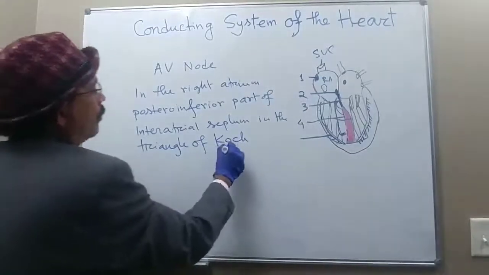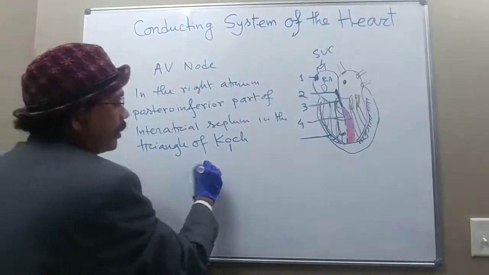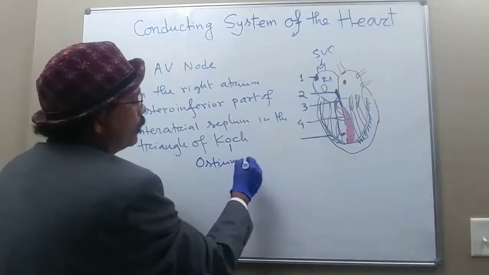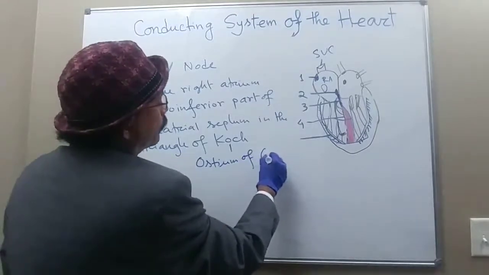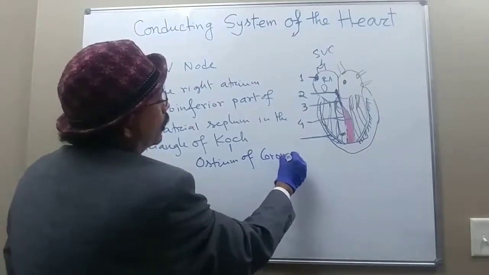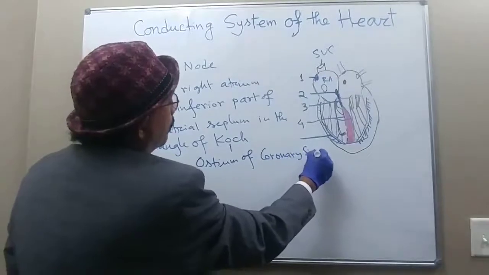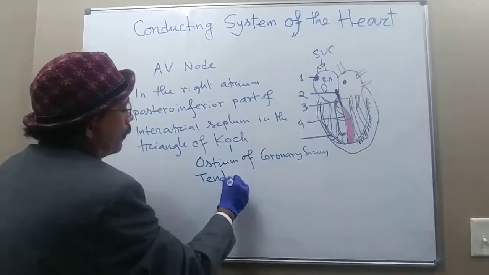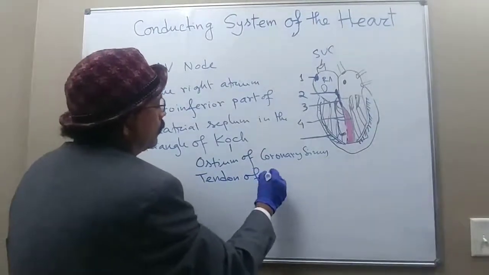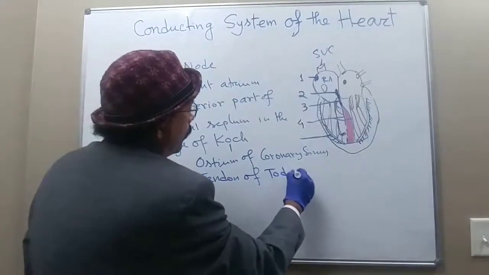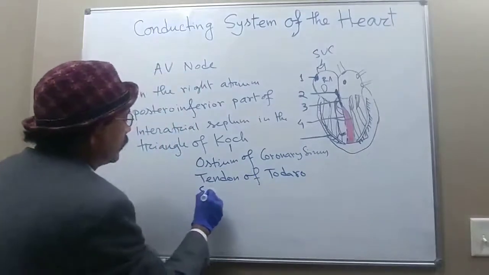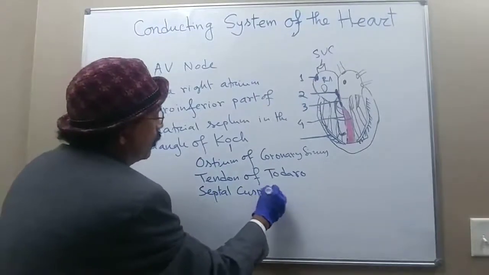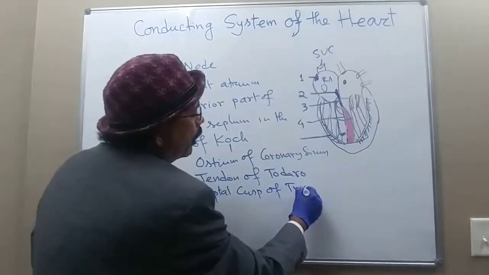The triangle of Koch is bounded by the ostium of the coronary sinus, or opening of the coronary sinus, the tendon of Todaro, and the septal cusp of the tricuspid valve.